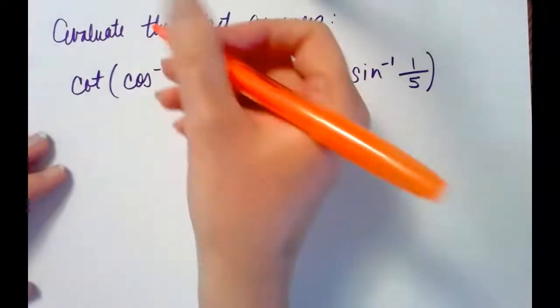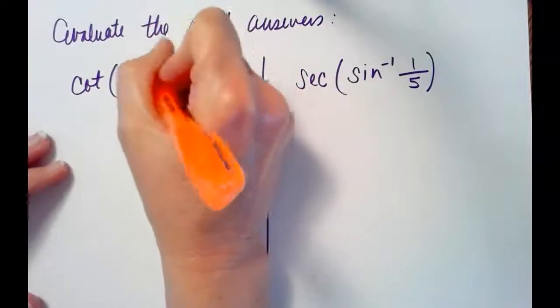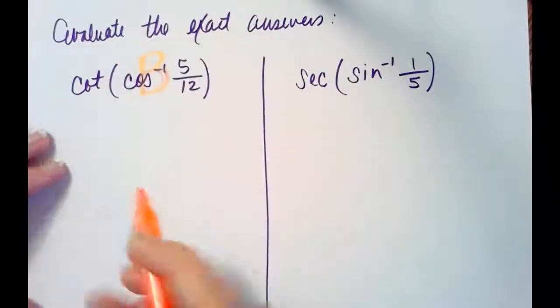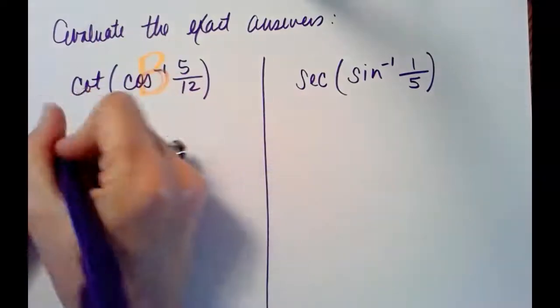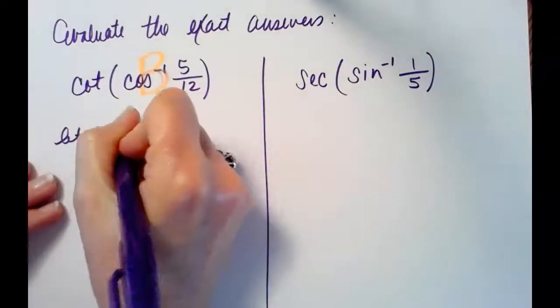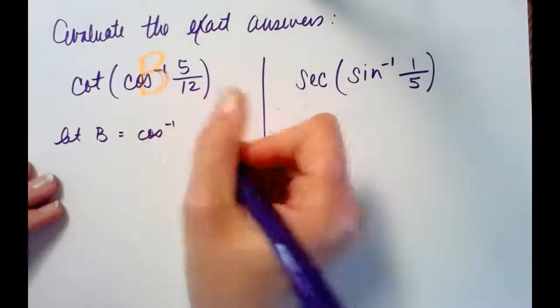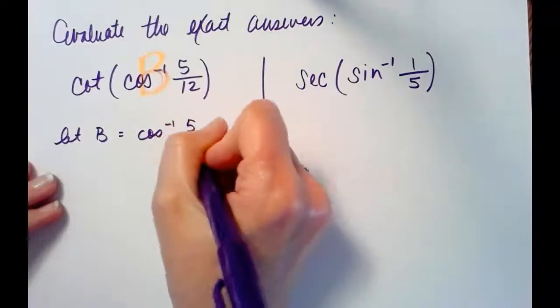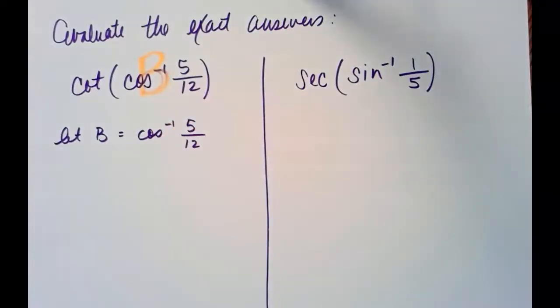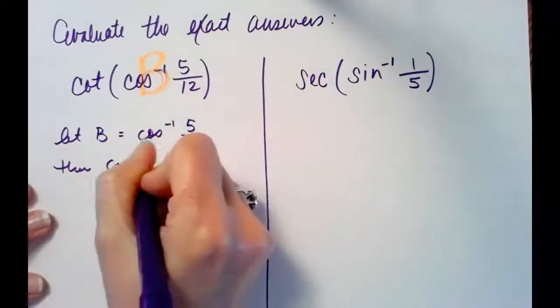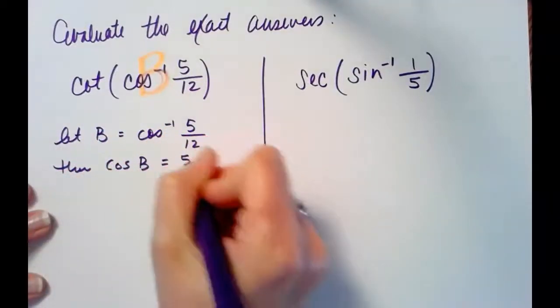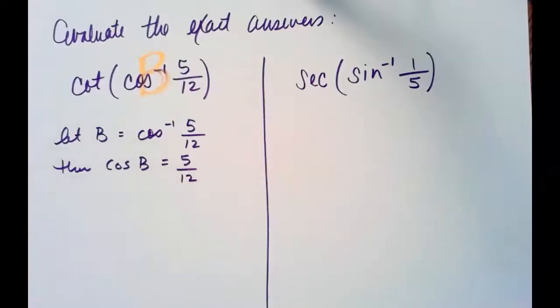So I am going to let big B represent everything that's inside of those parentheses. So let B equal cosine inverse of 5 over 12. So if B equals cosine inverse of 5 over 12, then cosine B equals 5 over 12.